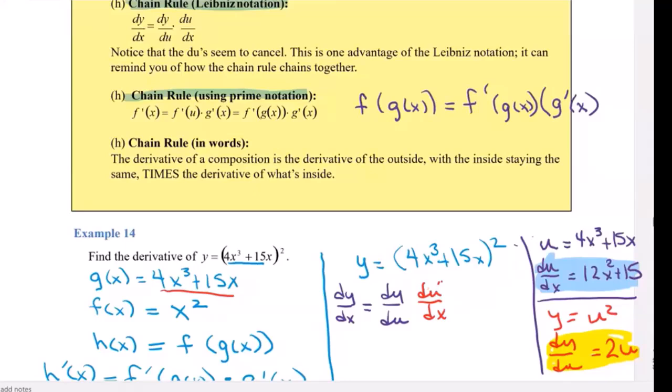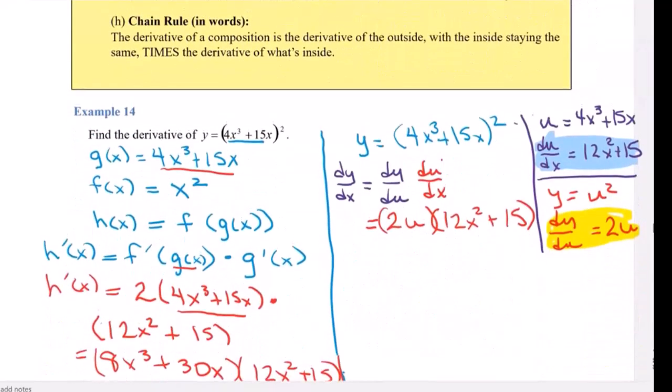I'm not canceling anything. All I'm doing is saying, okay, so that equals, well, dy du is 2u, and du dx is 12x squared plus 15. Now, I just have to say dy dx equals 2 times u.